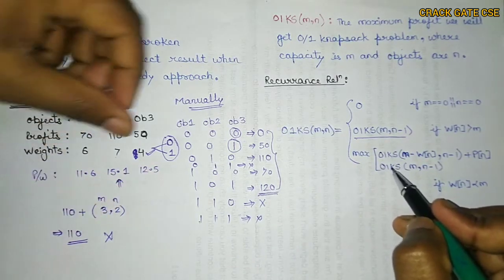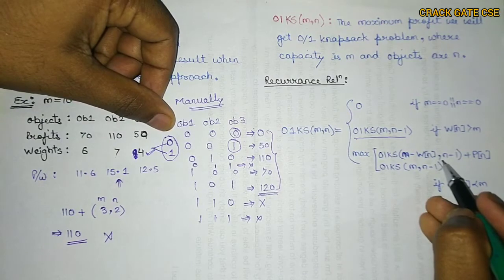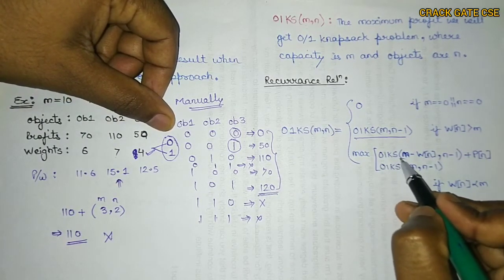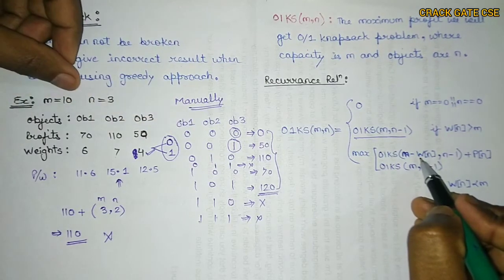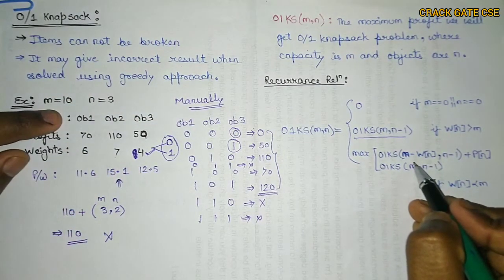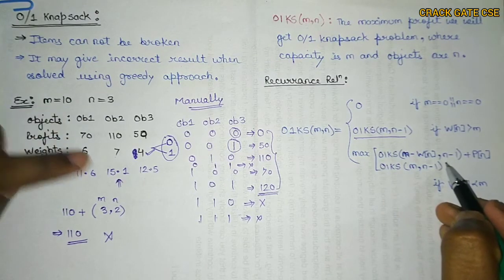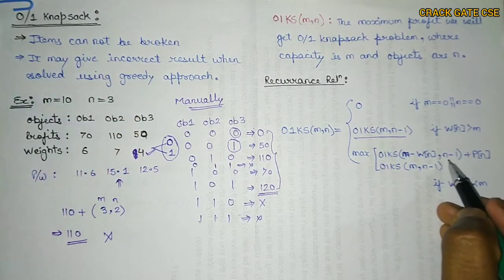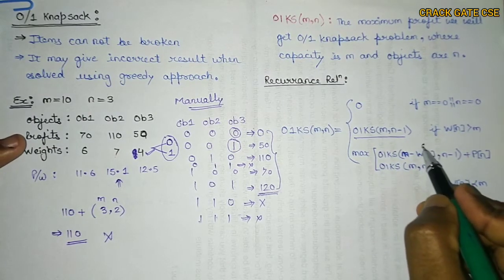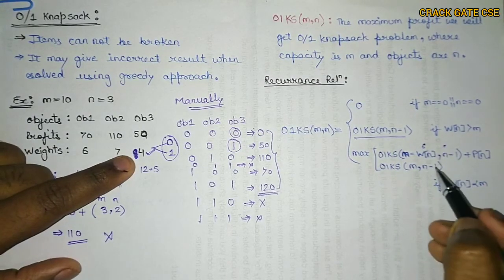In the first case I will take it, and in the second case I will skip it. So 0/1 knapsack of m minus weight of n, that means 10 minus 4, whatever capacity is remaining, that is 6, and n minus 1, because I took this object, therefore 2. So in the next step it will be 6 comma 2 if I take this particular object.